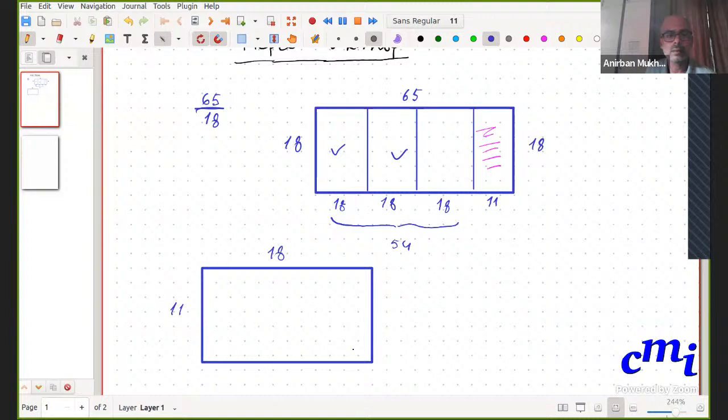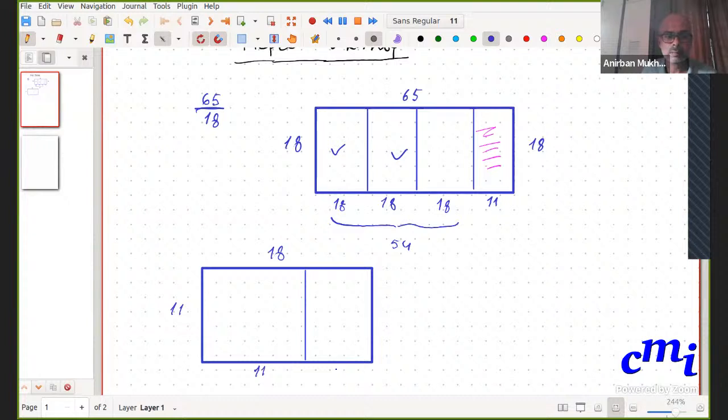As I said, we need to fill it with squares, but the size of the squares can vary. Now we have an 11, so we can fit in an 11 cross 11 square, not more than that. That's the largest square that can be inside this 18 cross 11. So suppose this is 11 cross 11.